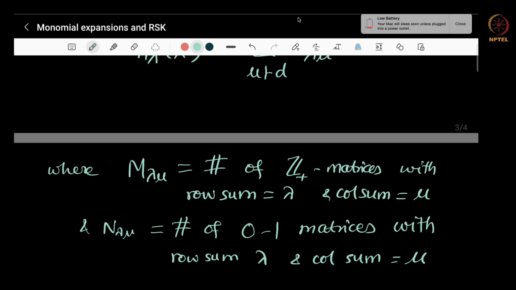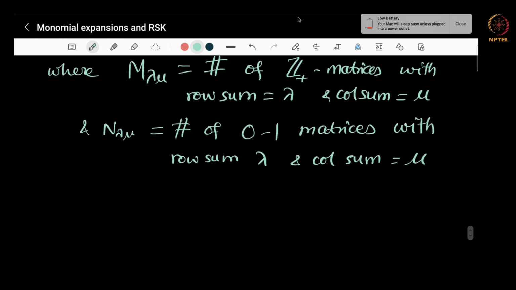Now let's see what these have got to do with the RSK correspondence. Observe that RSK and dual RSK tell us the following. By RSK, m lambda mu is the number of Z plus matrices with this property, but this is just the same as the number of pairs PQ.